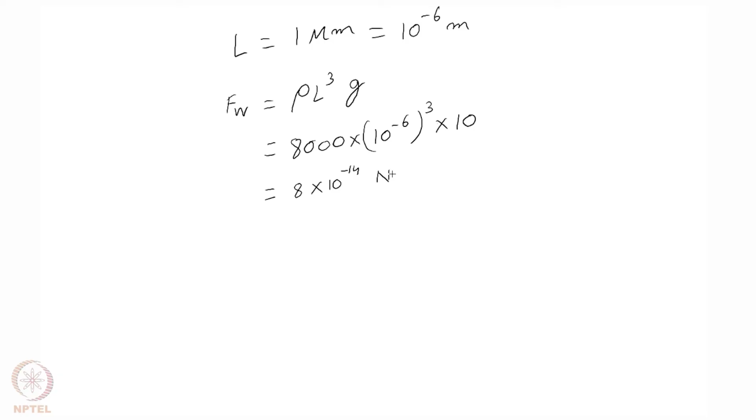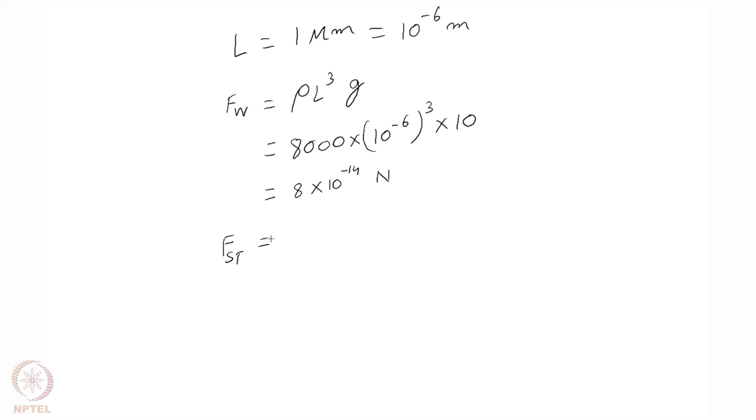So, this is the weight force, or the gravitational pull, when the block is of size 1 micrometer, each side is 1 micrometer. Now what is the surface tension force?